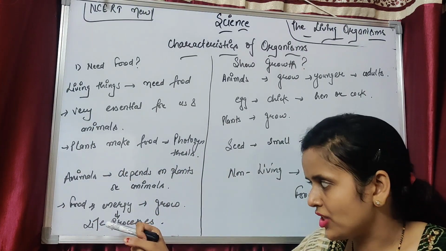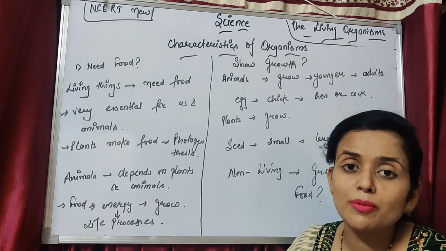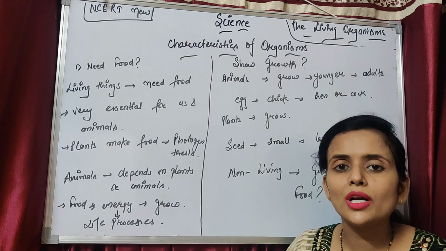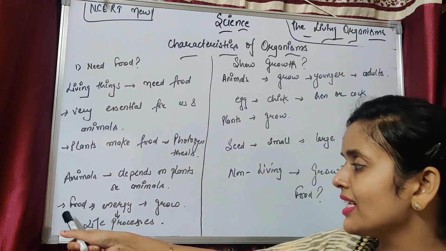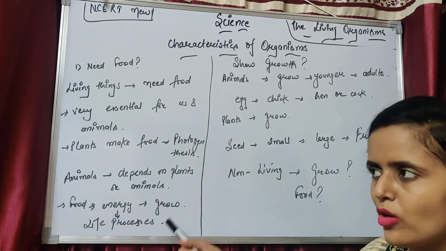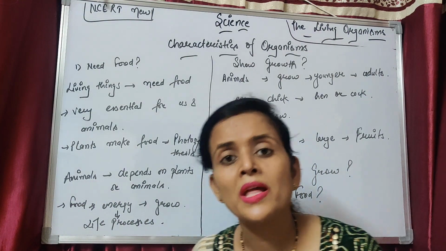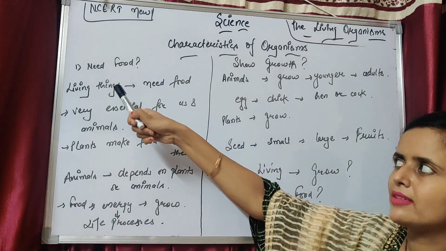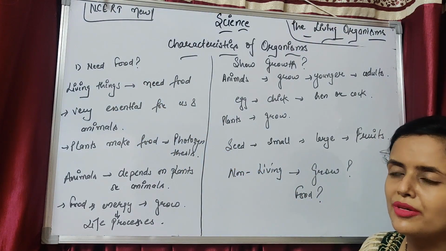Food gives energy to do any work, for growth, and to complete the life processes that go on inside our body and continue all the time. So food gives us energy for growing, for doing any work, and for our life processes. So the first characteristic is need for food. All living organisms need food.